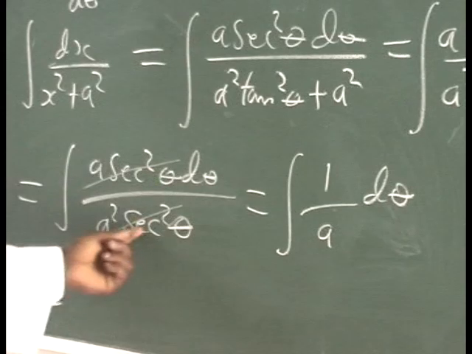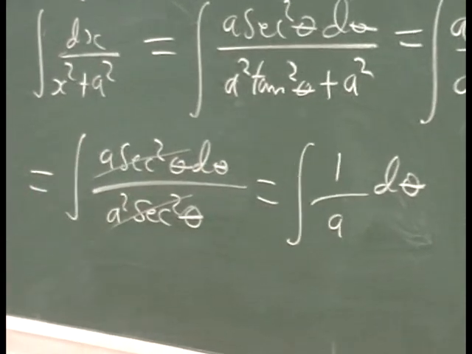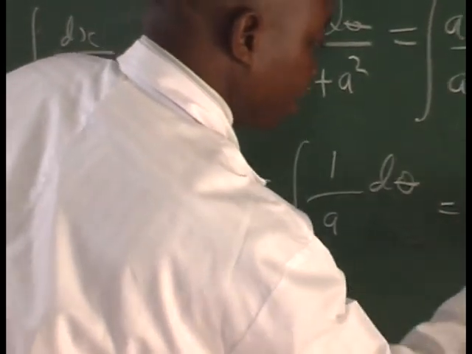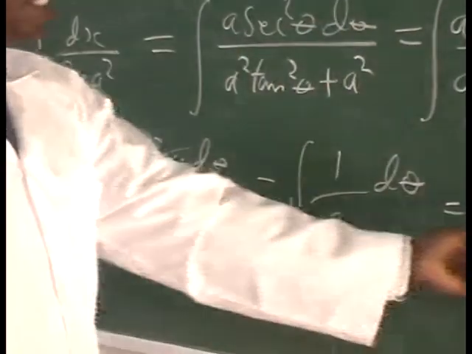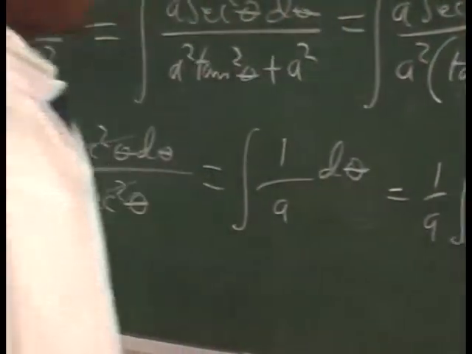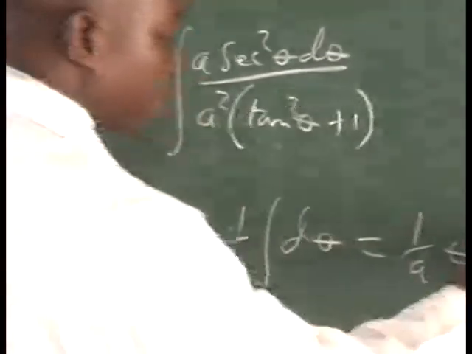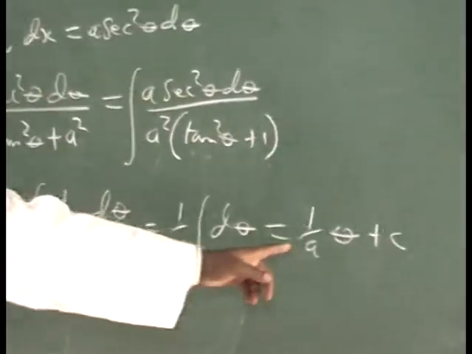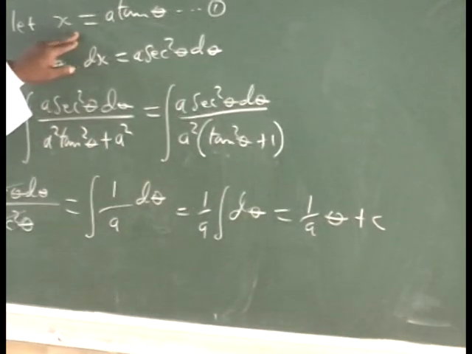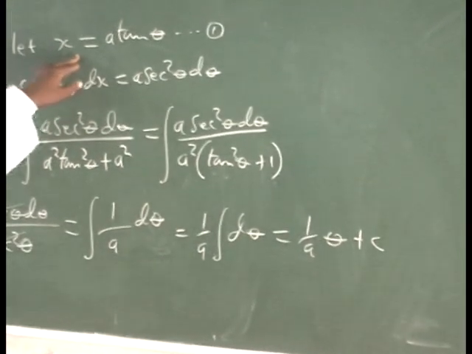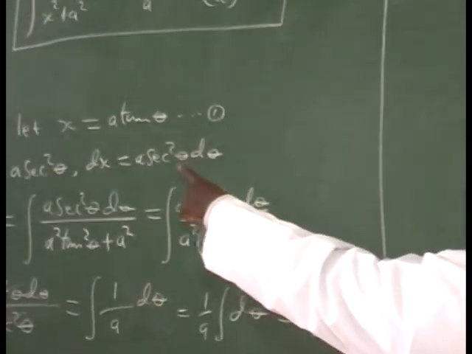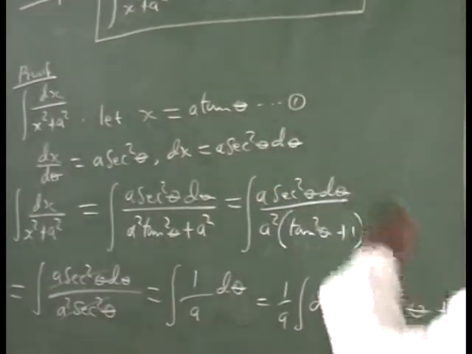So this cancels all of this. And this is a constant, so it can give me 1 all over a integral d theta. And if I integrate theta, I will have 1 all over a theta plus c. Now let's go back and find the value of theta from 1, because from 1 we see that x is equal to a tan theta.